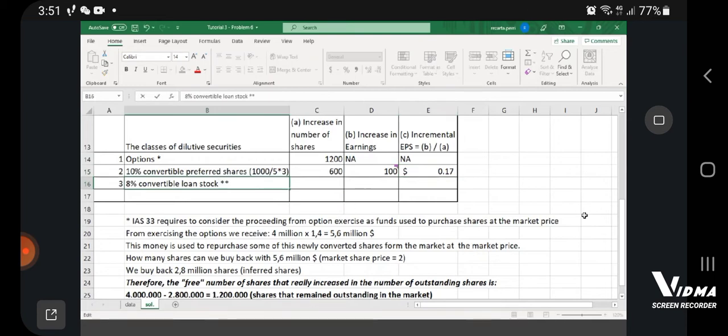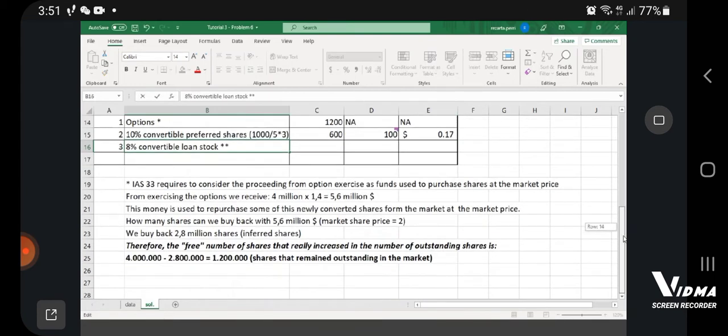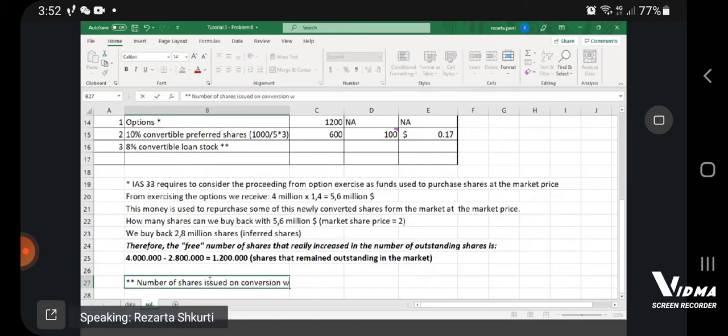I need to give another explanation over here about the 8% convertible bonds. Now, what we can say is that the number of shares issued on conversion of this diluted security would be 1,800,000.